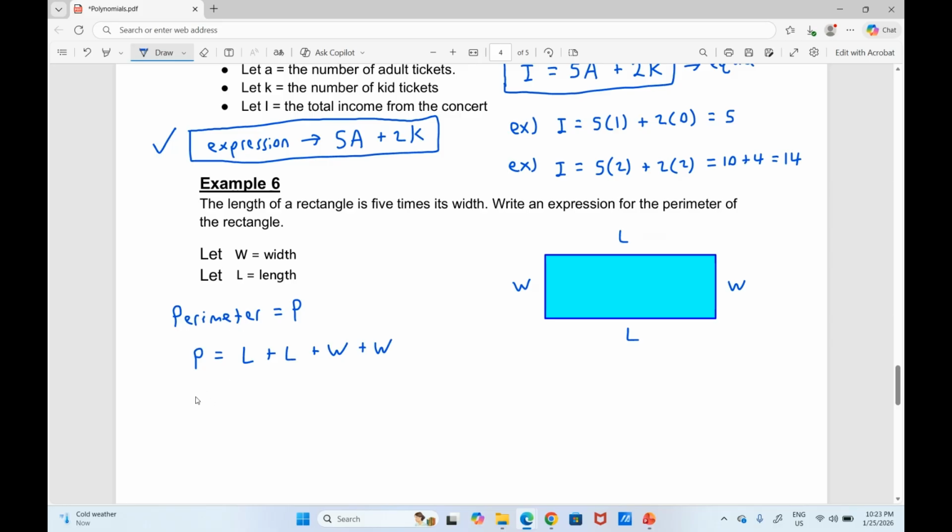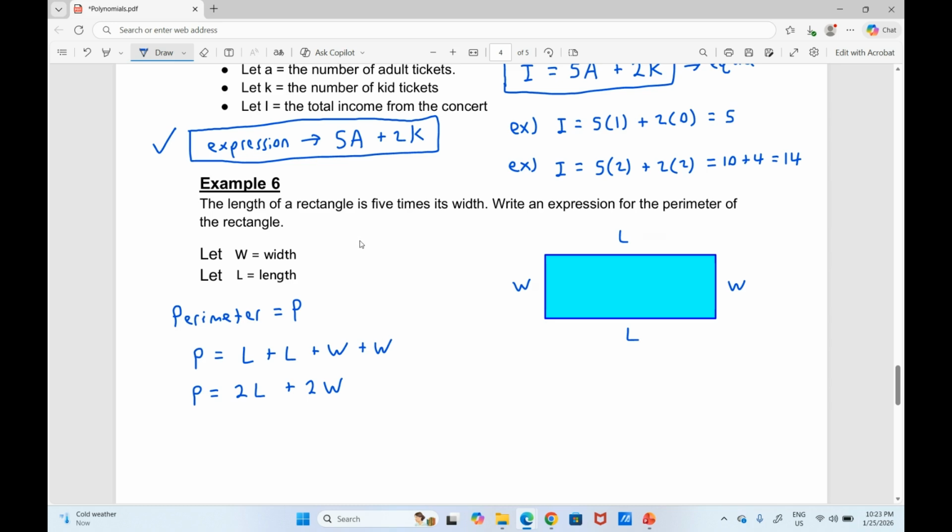So the other way I can write this would be 2 times length plus 2 times W. Now, remember, I have an equal sign, so that's technically an equation right now. But if they want me to do more, it says the length of the rectangle is 5 times its width. So let's say I have a width that is 2 centimeters.